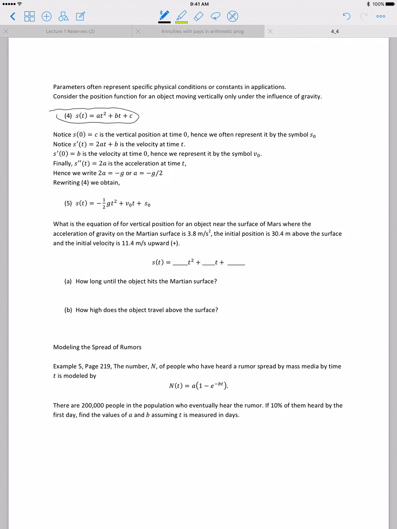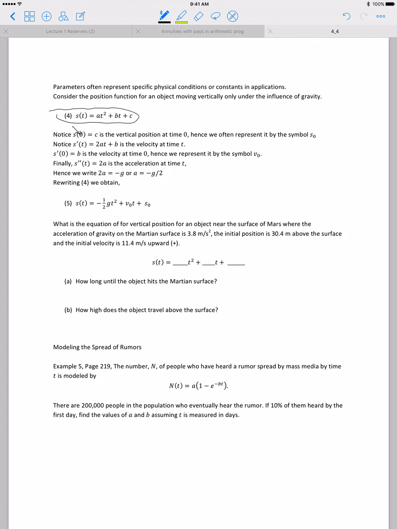We have parameters a, b, and c, and these values may represent different physical conditions or constraints or physical values in the application. Normally, since this is a function of time, we can tell what those parameters actually represent. If I plug 0 in for time, I get s sub 0, and the first two terms go away, and I just get c.